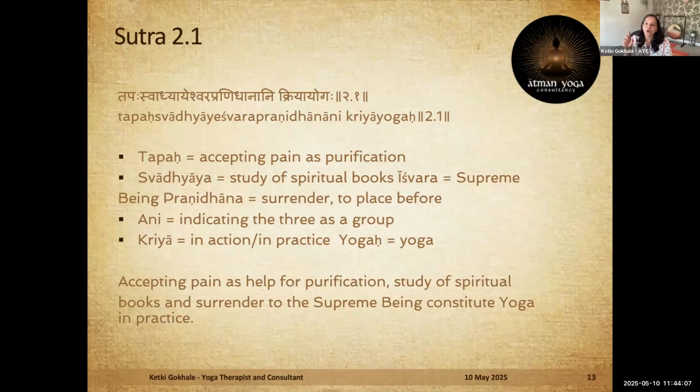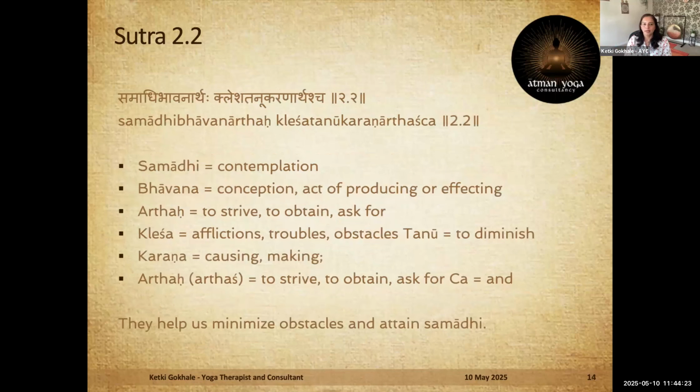Yoga is not only remaining in the books, but we are applying it in our day-to-day life in the form of tapas, swadhyaya, and Ishvara pranidhana. So about this, we are going to see in this chapter.